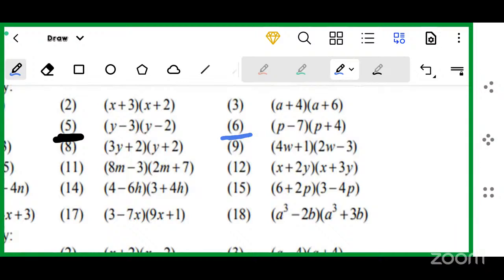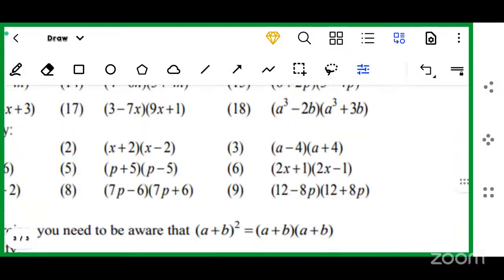Okay, let's wait for Ole. Ole, are you done on your side? Yes, ma'am. Okay, so what is the answer? For my answer, I got p to the power of 2 plus 4p minus 7p plus 28. I never found a like term. Okay, let me create a space and write it down.